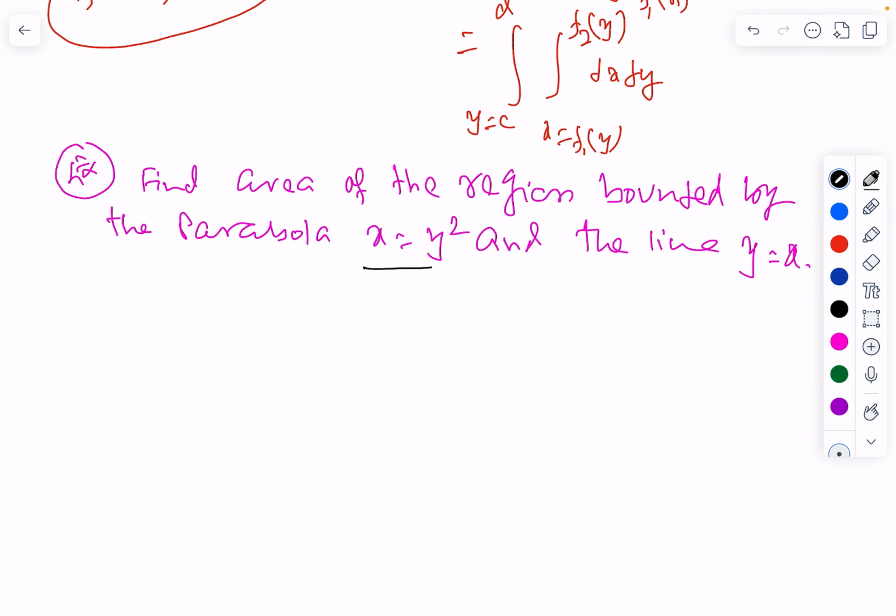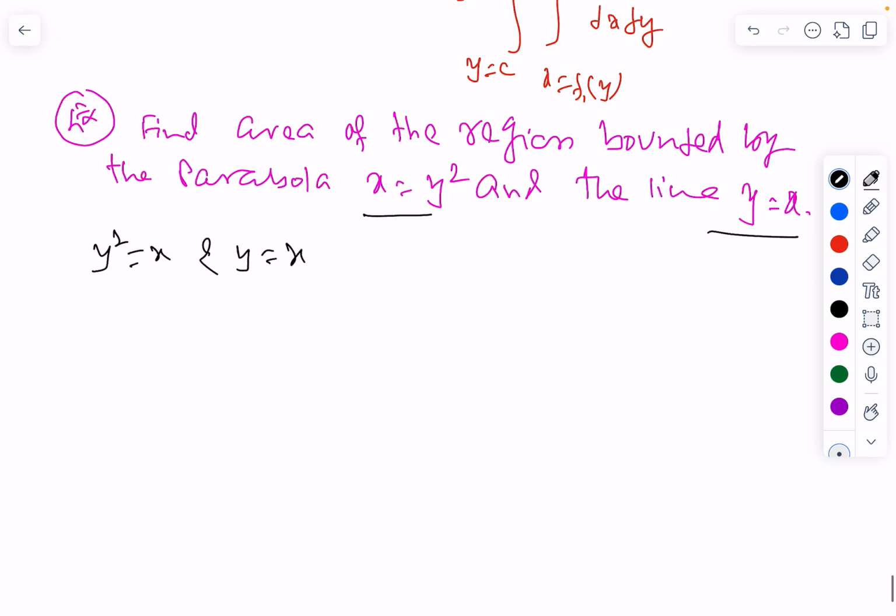So here the curves are y square equal to x and y equal to x.